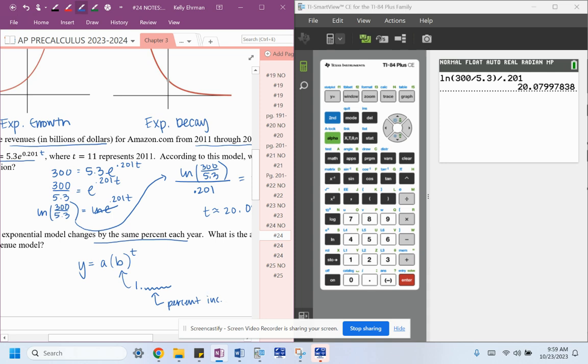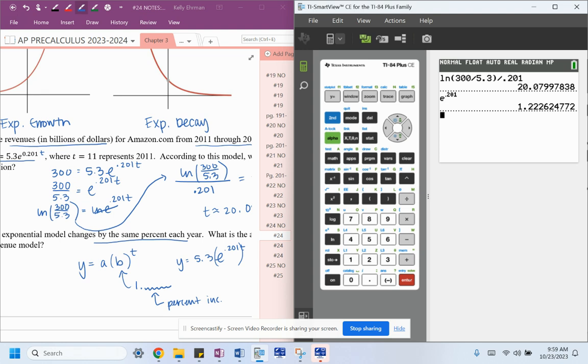So ours is not in terms of b. Ours is y equals 5.3 e to the 0.201t. So the b value that we have is e to the 0.201. So let's see what that comes out to.